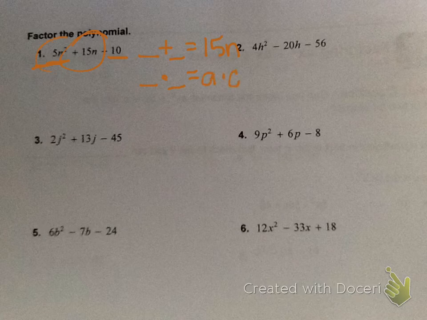So in this case, 5n squared plus 10, which would be 50n squared. And see if you can find the two things that add to make 15 and multiply to make 50.